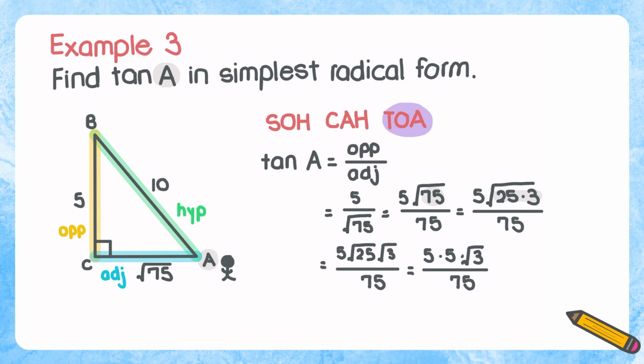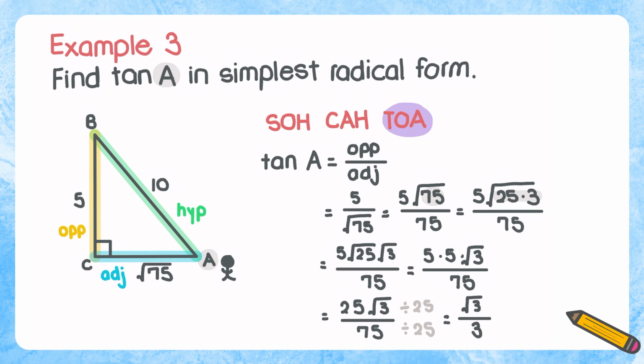And we know that 5 times 5 equals 25, so we can further simplify this. 25 times radical 3 over 75. And let's simplify this fraction by dividing both the numerator and denominator by the greatest common factor, 25. We're left with radical 3 over 75 divided by 25, which is 3.